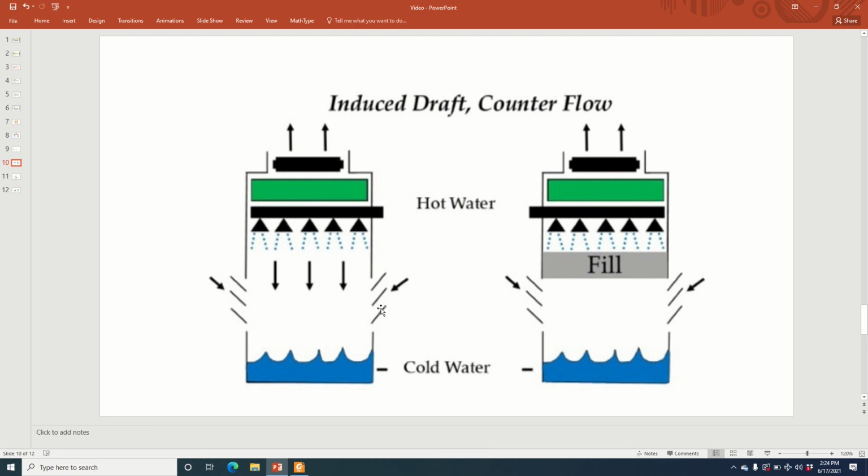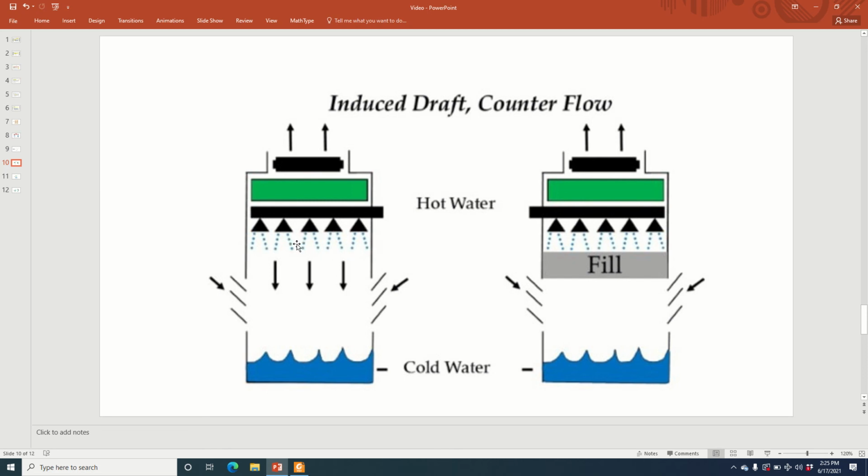These are the louvers, the inlets, from which the cold air enters the cooling tower, and it flows upwards due to the sucking of this fan, whereas water droplets are falling down. So airflow and water flow are opposite in direction. That is why it is called counterflow.